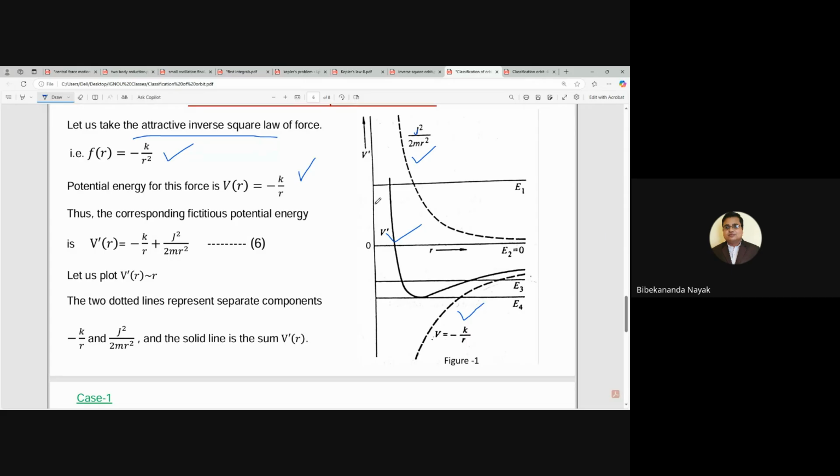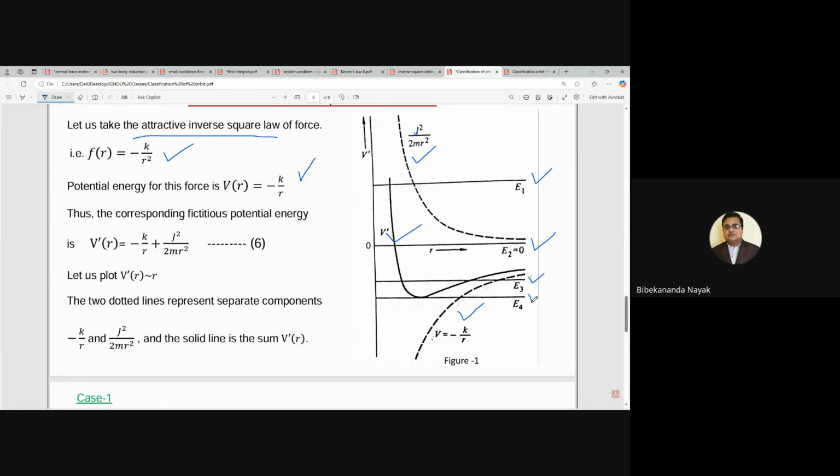Okay. Now look at this figure. It is our actual graph V prime. We know when total energy becomes potential, it is a turning point. For that, now we assume a few energies. E1 is one energy, which is a positive energy. E2 is another energy, which is zero. E3 is another energy, which is negative.